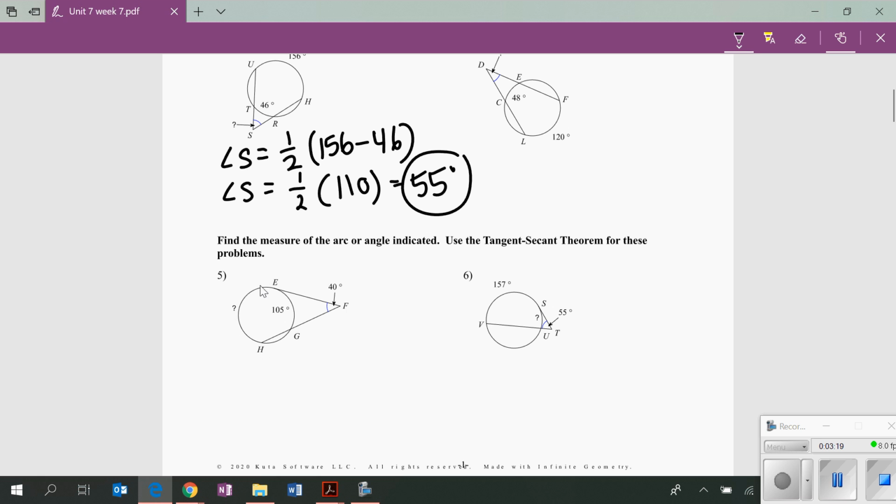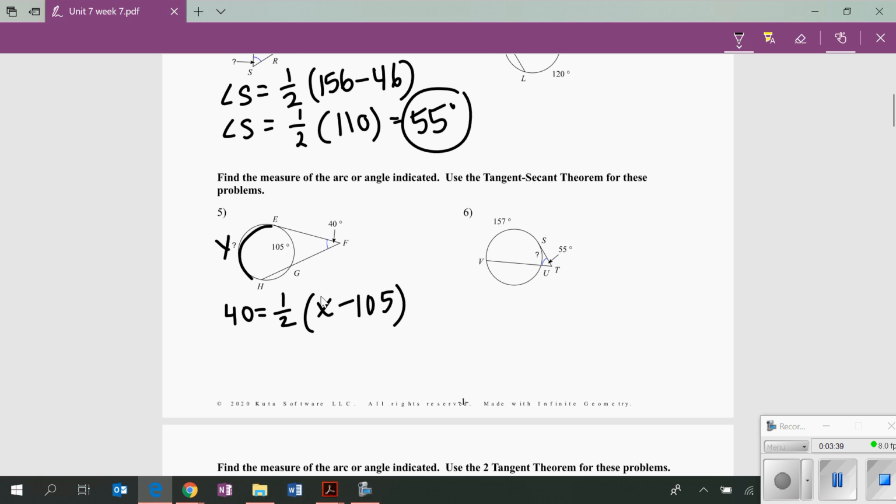We're going to solve for my outer arc. So I know that 40 is equal to 1/2 times x that I don't know minus 105. Now what we're going to do here is we could distribute my 1/2, but that would give me fractions, that would give me decimals. What I can do instead is just multiply everything by 2.